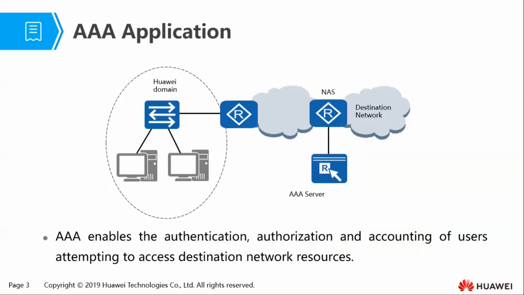Okay. Now, the other thing is that most of the time we create authentication or authorization or accounting schemes and we apply them to a group of users. That group of users is commonly referred to as a domain, so that the same scheme is applied to a particular group of people.